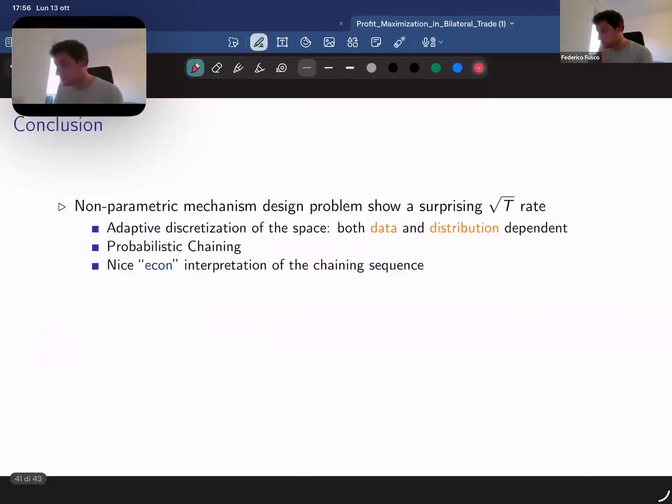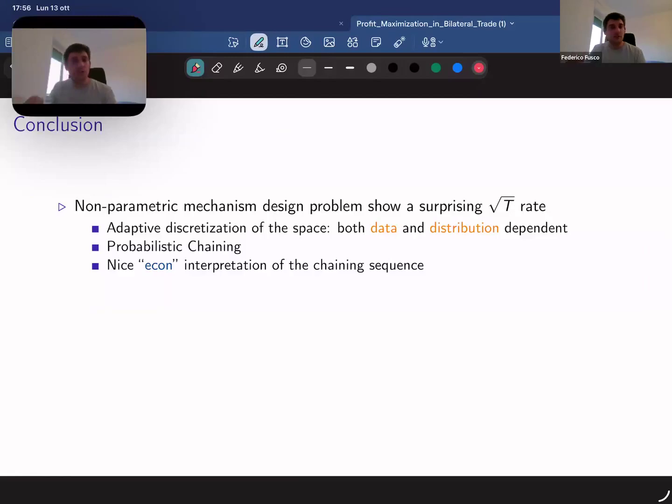But before, let me just conclude with some observations. What we did, we studied a non-parametric mechanism design problem that surprisingly can be learned as easily as learning the bias of a coin. So you get a square root t rate.